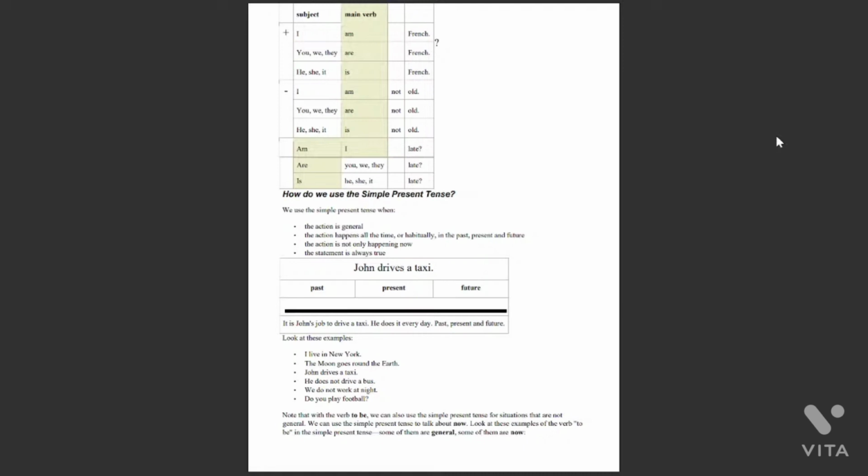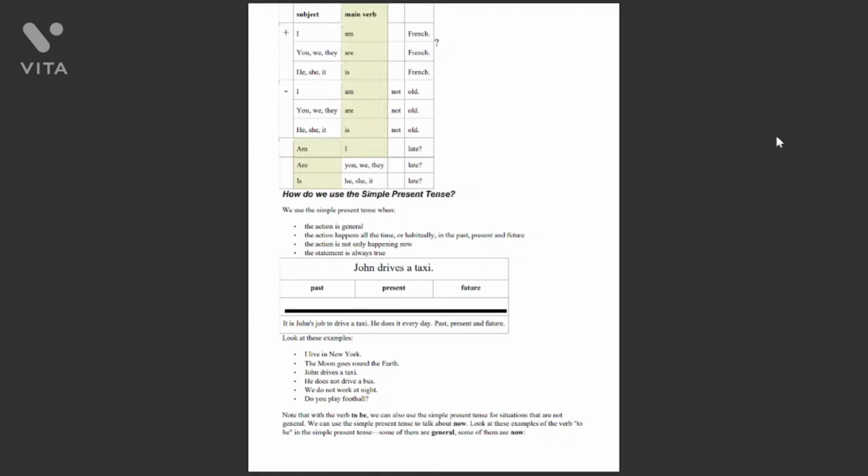And questions: am I late, are you late, are they late, are we late, is he late, is she late, is it late. So this is the simple logical way of learning the simple present tense.